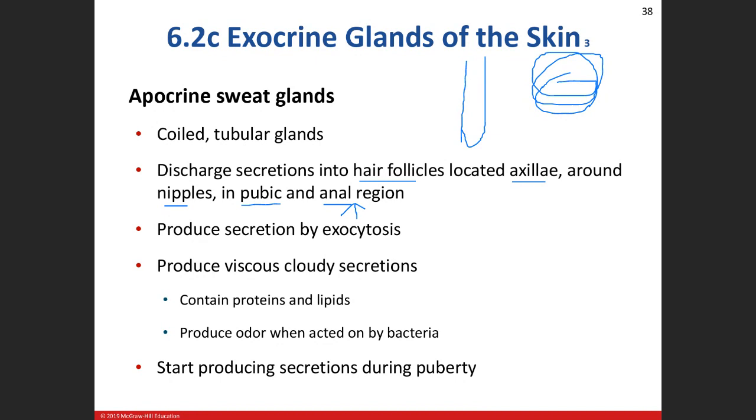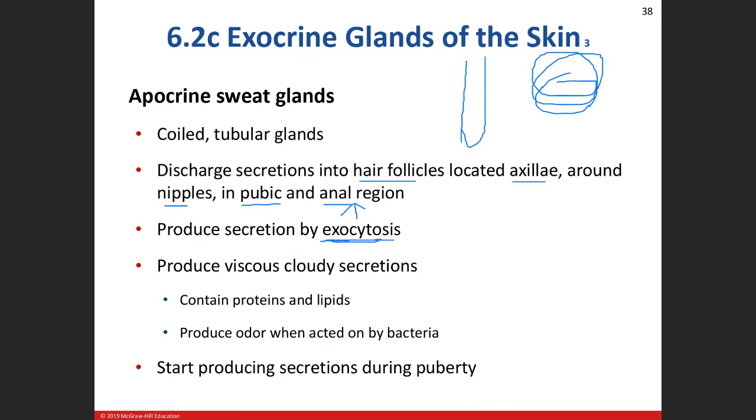So these apocrine glands produce their secretion through exocytosis. They're the ones in which, remember, the tip of the cell pinches off, and remember what the cell plasma membrane is made up of? Phospholipids, some fats, proteins, and all that.